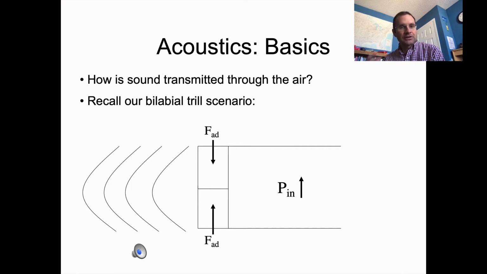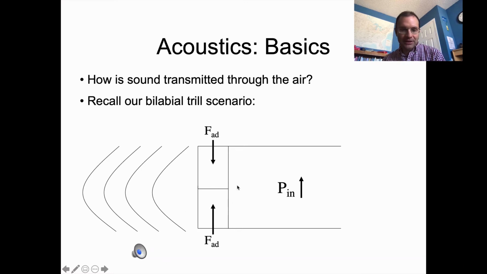Okay, so we're going to start off with this basic bilabial trill scenario that I talked about in the previous lecture. So if you remember, we're bringing our lips together, and then we're increasing the air pressure inside of our mouths due to squeezing our lungs, and that will eventually force air to pop open this lip closure, like that, or like that.